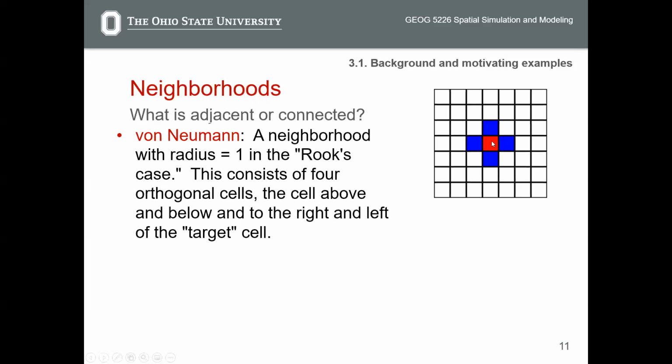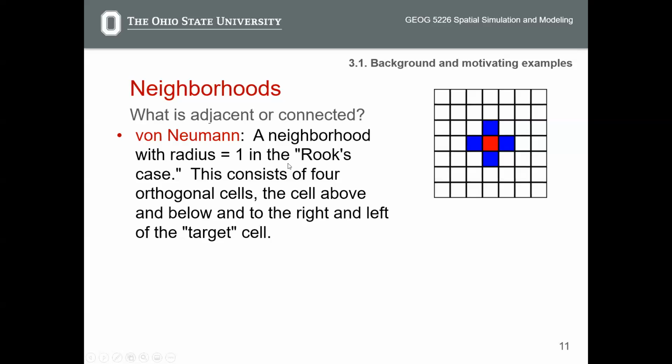If the target cell, or the central cell, is this red cell, and we define a von Neumann neighborhood, it means that only these 4 blue cells are neighbors of this red cell. All these blue cells are on the orthogonal directions of this red cell: north, south, west, east.